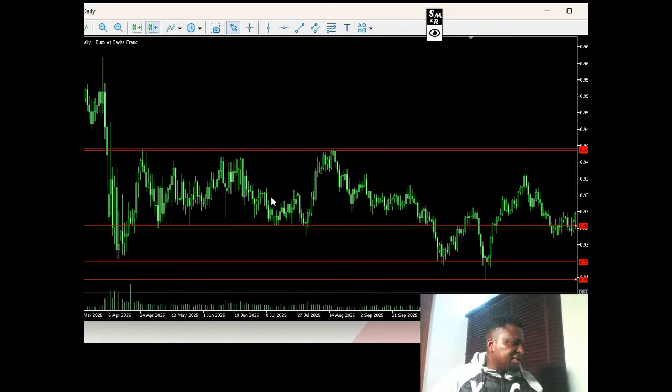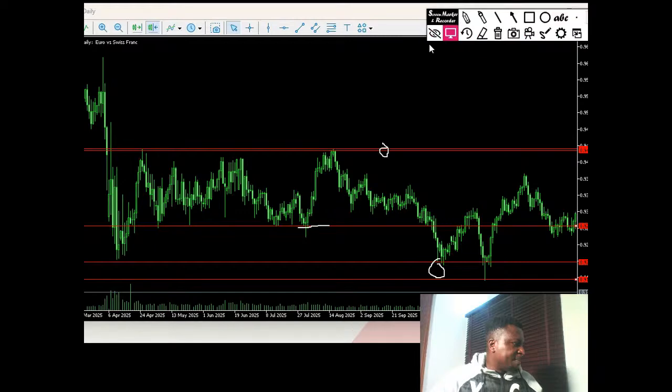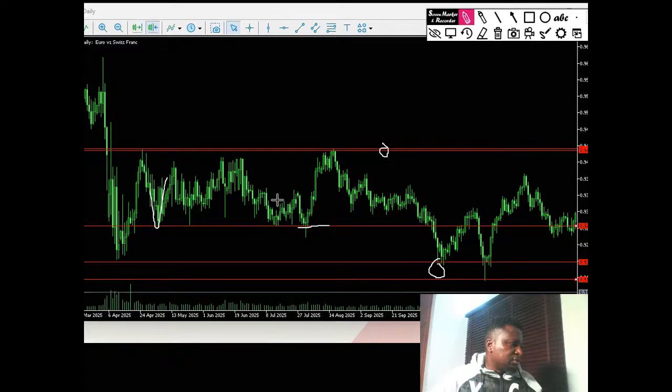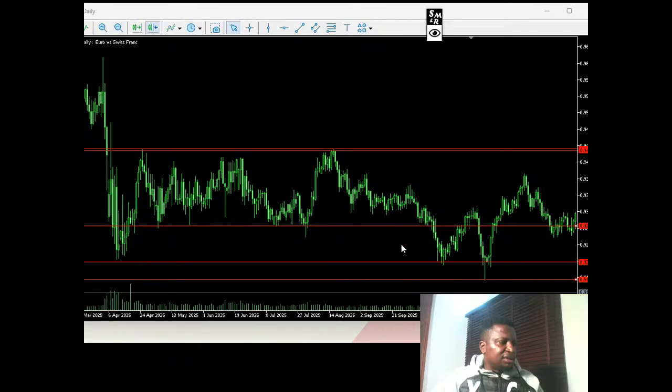What we have here is a ranging market. But at the same time, price touched here once, two, three. It's also a key level. So we'll be looking at those areas where price touched more than once.